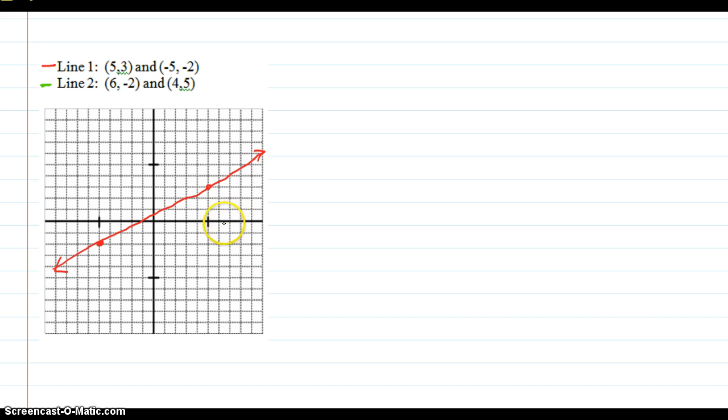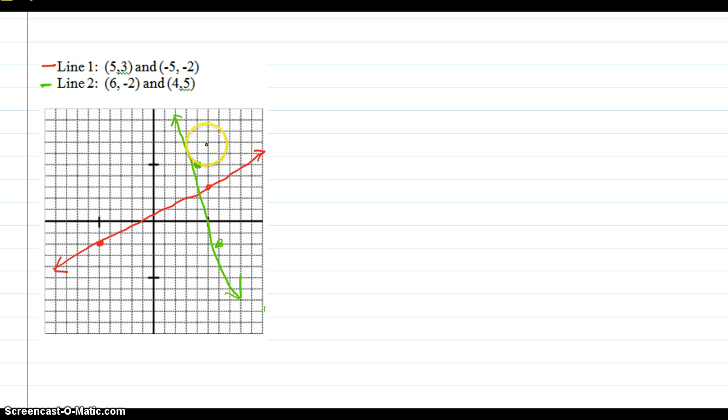Alright, so we have 6, negative 2, and 4, 5, 4, 5. That's not an easy line to draw on this thing, so let's try again. Alright, well, let's pretend it's actually a straight line.